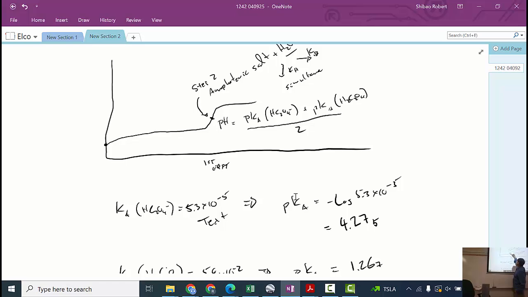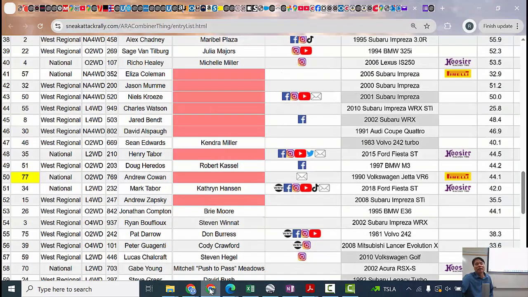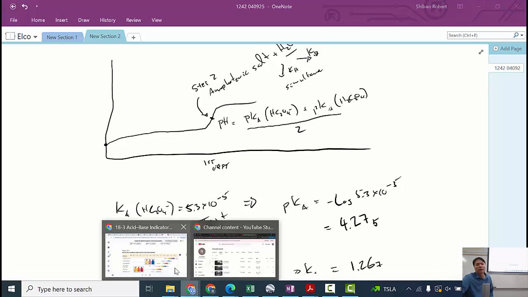So those indicators might give you an indication of where it is. And it depends on how steep that first rise is. If that first rise is quite steep, then the error is not going to be so significant. And so we can use different indicators for things that might not change perfectly at the equivalence point, but it's close enough that it leads to a very small error.